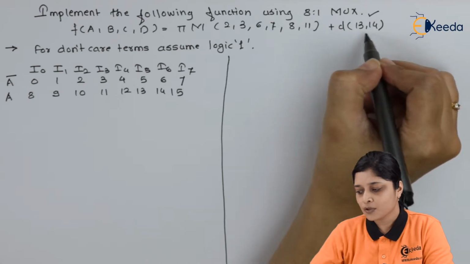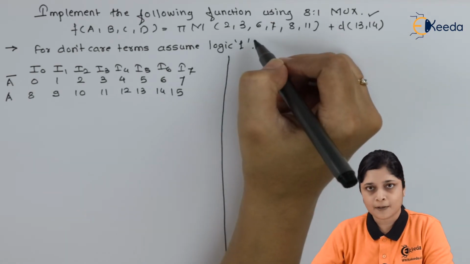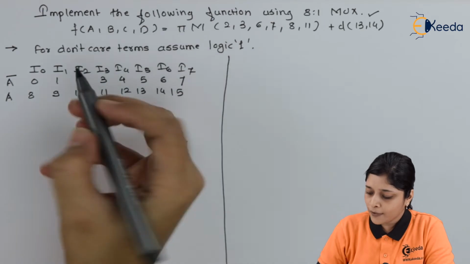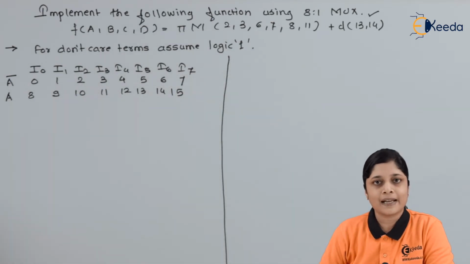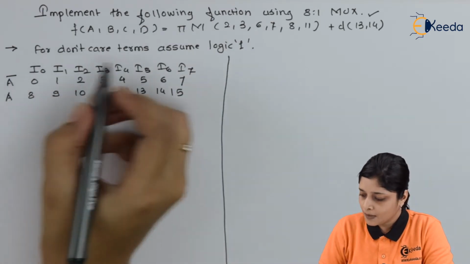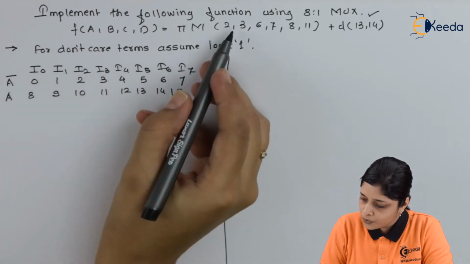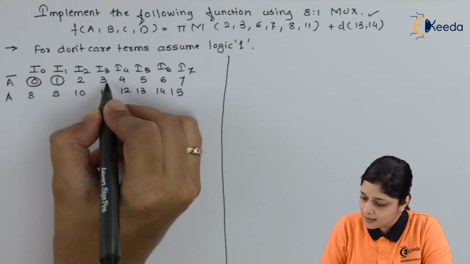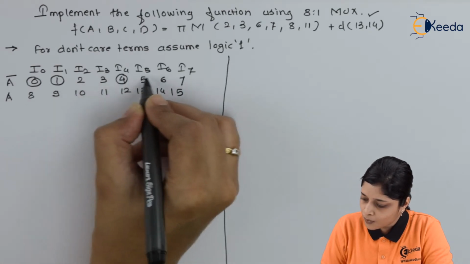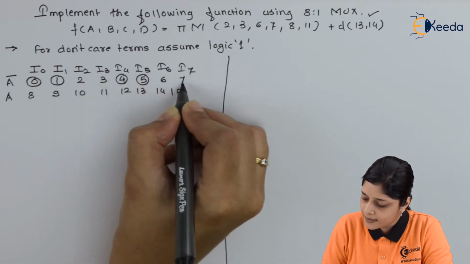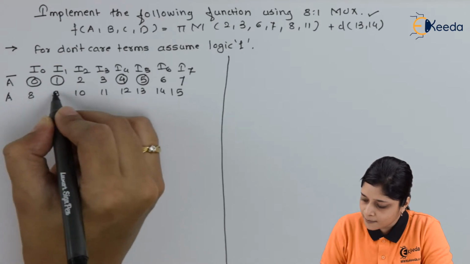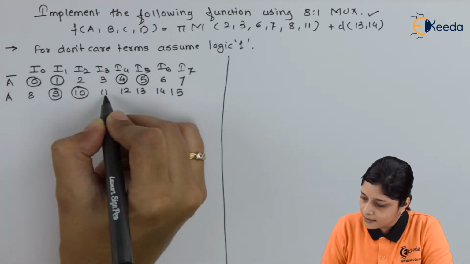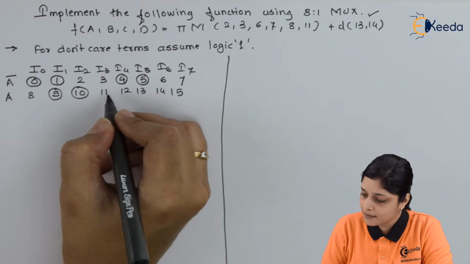Now you have to focus on don't care conditions and max terms. So you have to keep max terms as it is and circle the min terms. So you have to focus on 2. So circle 0, 1, 2 as it is, 3 as it is, 4, 5, 6 as it is, 7 as it is, 8 as it is, 9, 10, you can keep 11 as it is.